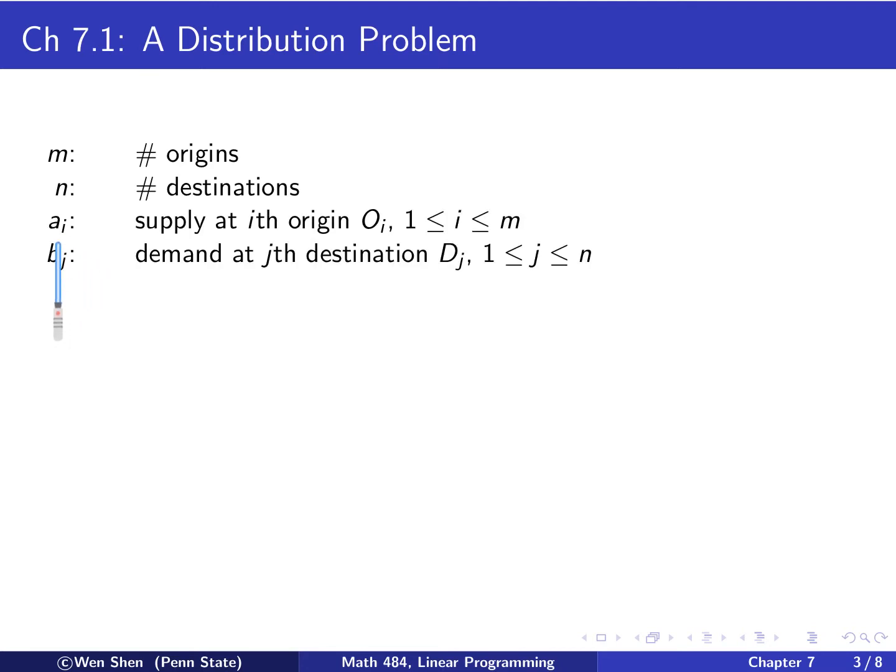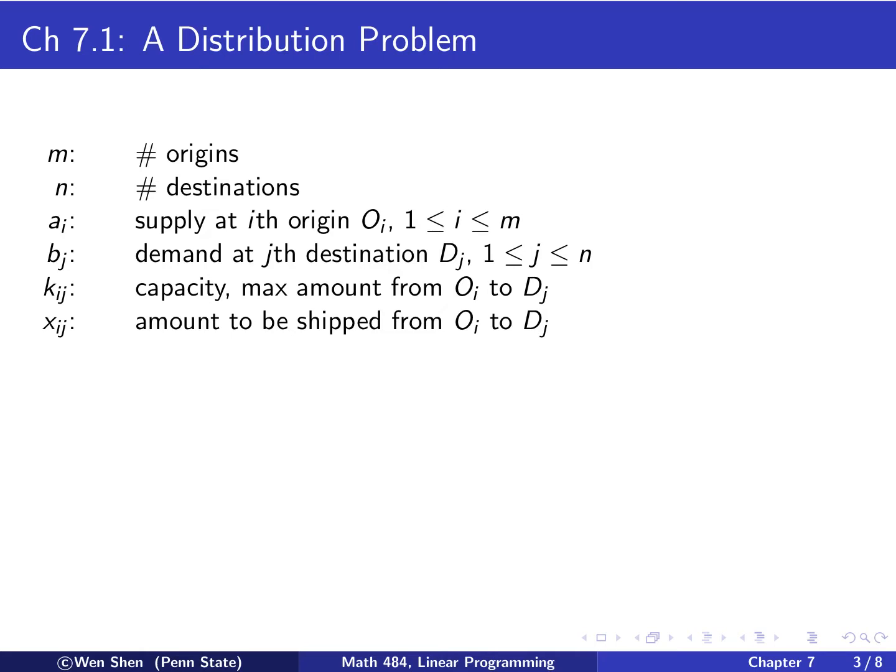Then I have numbers a_i, which is the supply available at the ith origin, and we call this O_i, origin i, where i is an index between 1 and m. At the same time, b_j is the demand at the jth destination, and we call this D_j, D for destination, where j is an index between 1 and n.